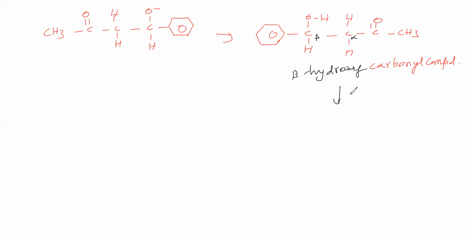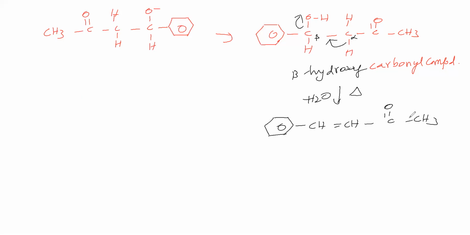Next, on warming, a water molecule is leaving from this beta hydroxy carbonyl compound. This bond is shifting, this bond is shifting. So water is leaving, and we get the phenyl ring, then CH double bond CH, C double bond O, CH3.